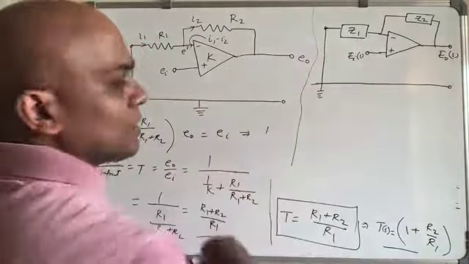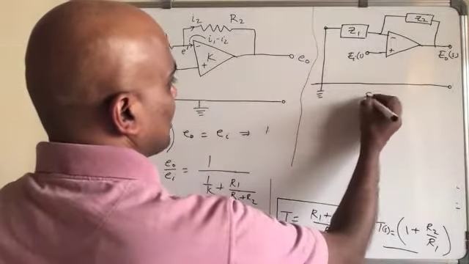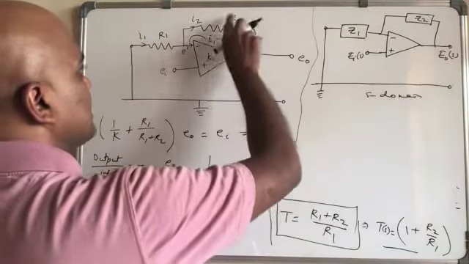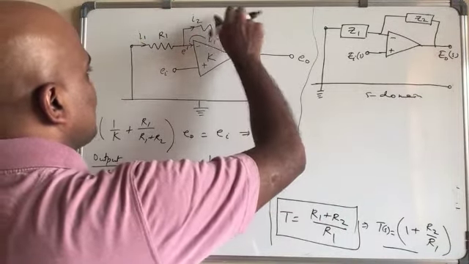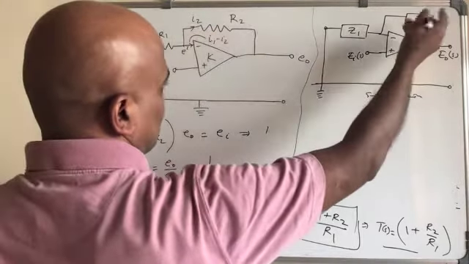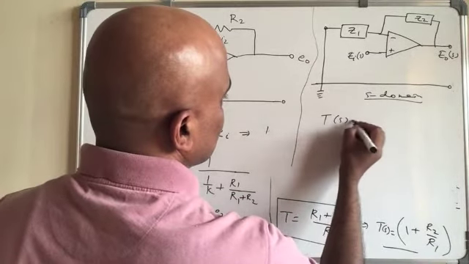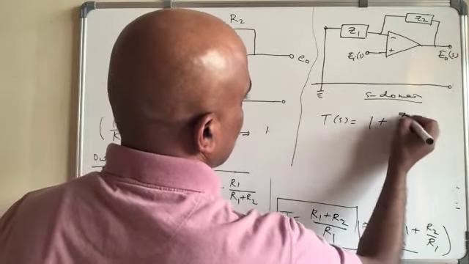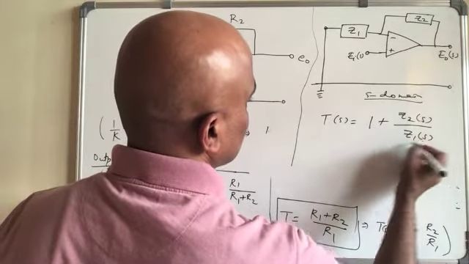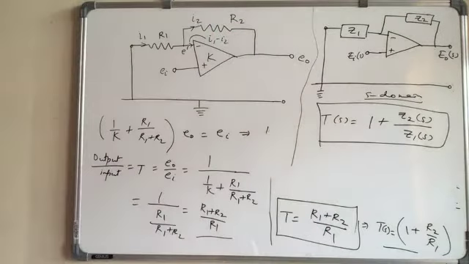Now this is in the complex frequency domain, the S domain. In the S domain everything is there. So whatever you have here, instead of R2 it may be an LCR circuit, whatever circuit, and you have to put in the equivalent impedance. So in the S domain the transfer function T(s) is given by 1 plus Z2(s) divided by Z1(s).